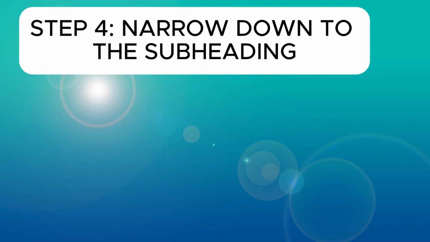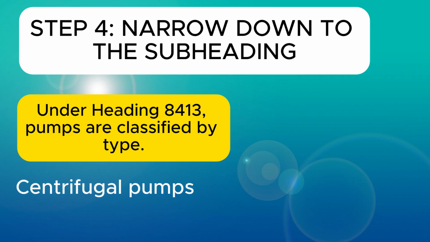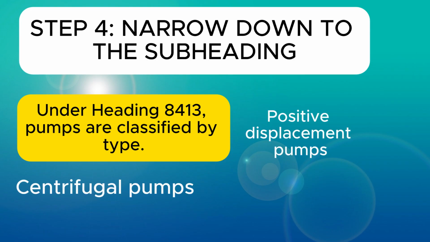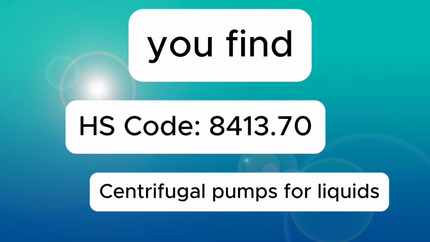Step 4, identify the subheading. You have identified the 4-digit heading. Now the subheading includes 6 digits. Under heading 8413, there is a list of subheadings. Among the list, pumps are divided by type. Your pump is centrifugal, so you find in the list HS code 841370, which exactly describes the machine.